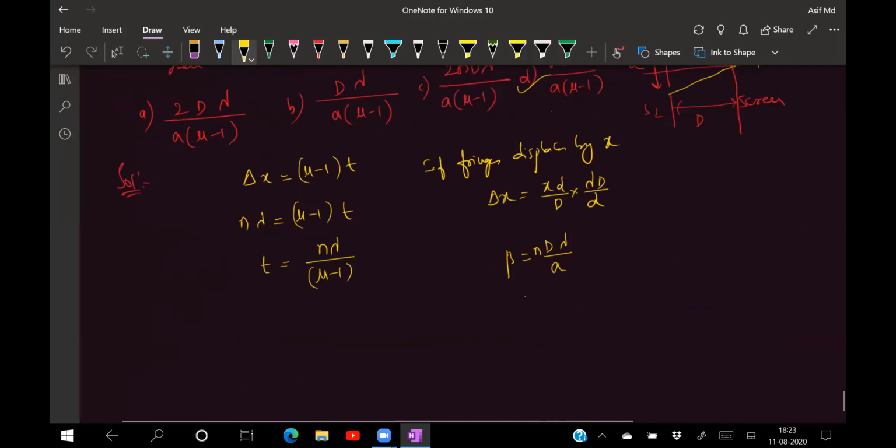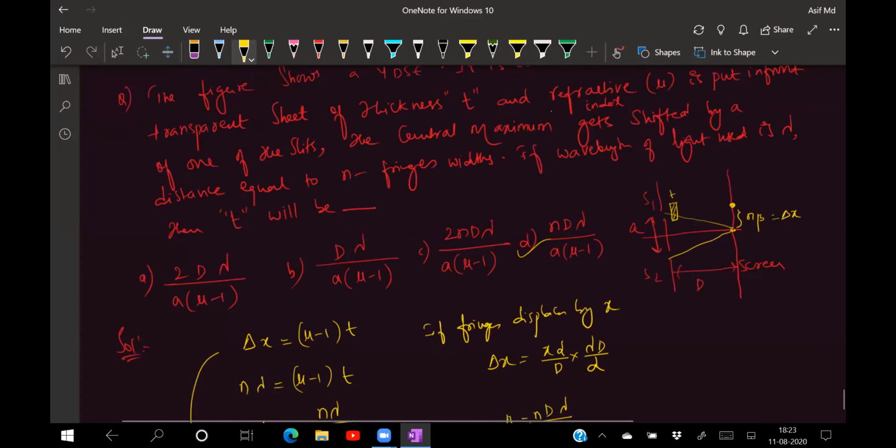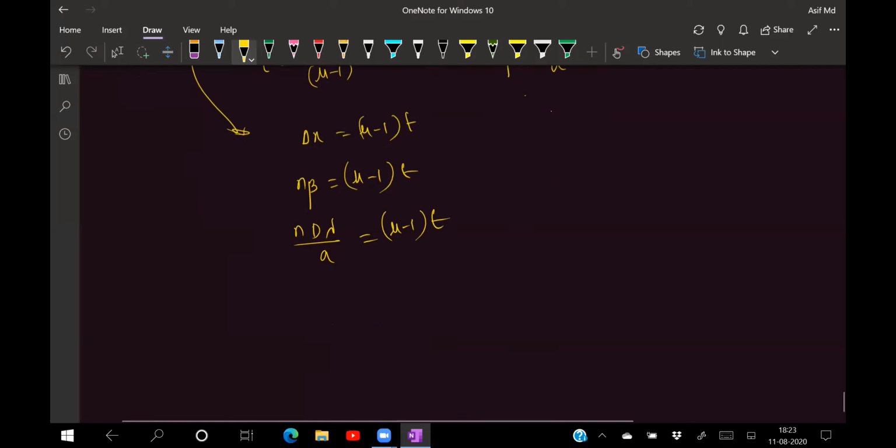So I can write this condition now. Delta x is equal to how much? Mu minus 1 into thickness. And delta x value, how much is it telling in the problem? n times beta. So n into beta is equal to mu minus 1 into thickness T. Beta is D into lambda by small a, is equal to mu minus 1 into T. So thickness T will be equal to n into D into lambda by a into mu minus 1.